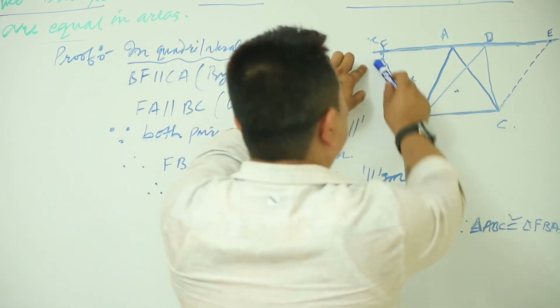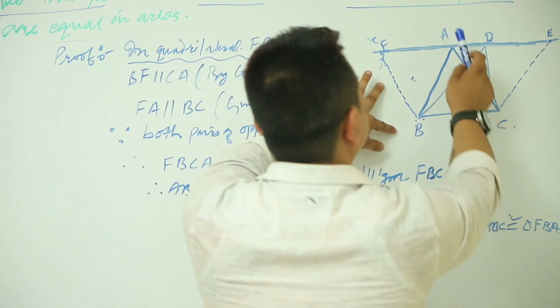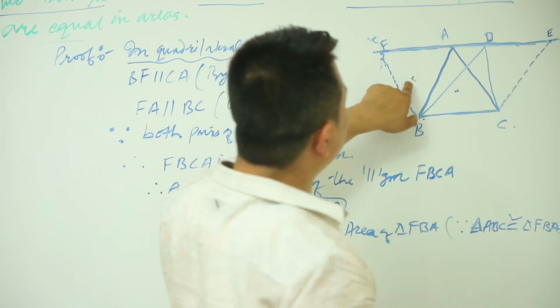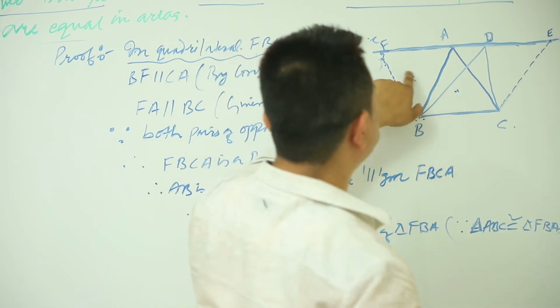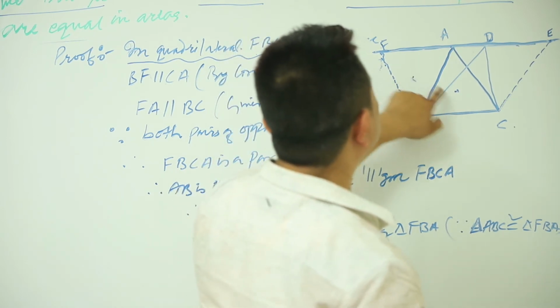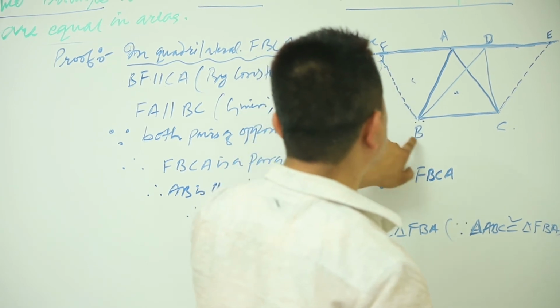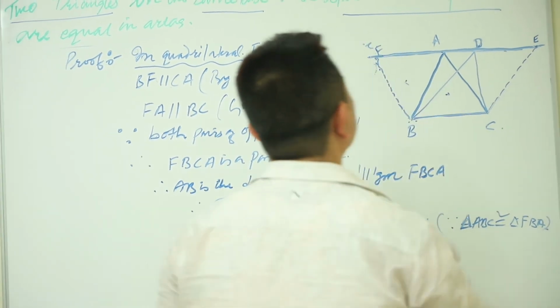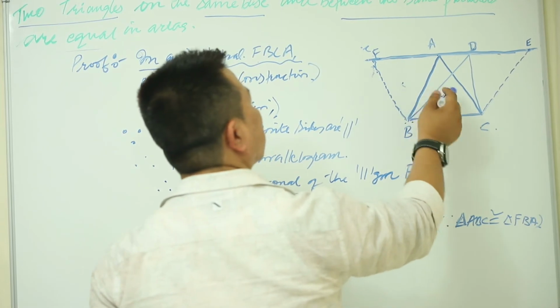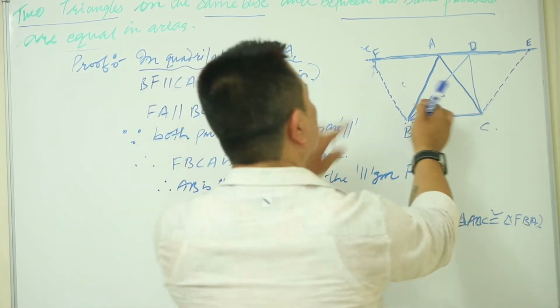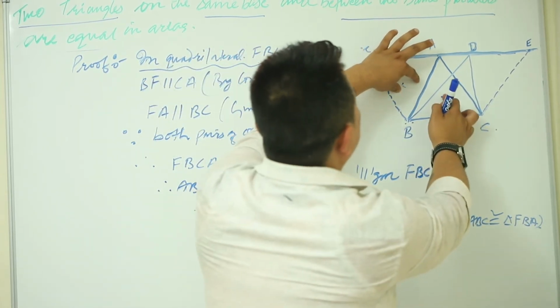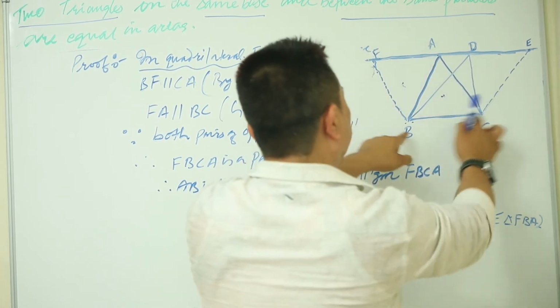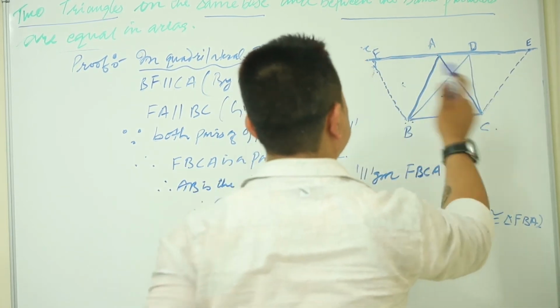Now in this figure FBCA, when you add these two congruent triangles, you will get a parallelogram. This triangle plus this triangle gives the full figure, that is parallelogram FBCA.